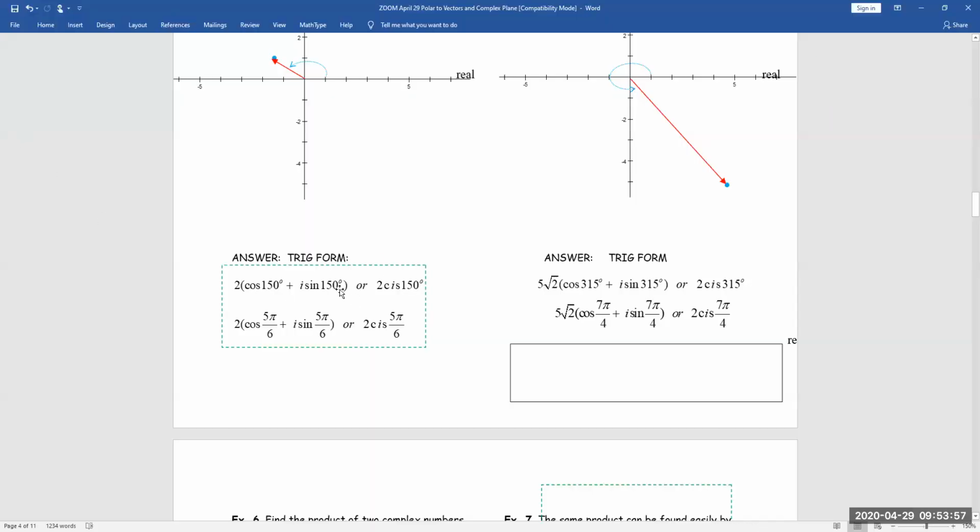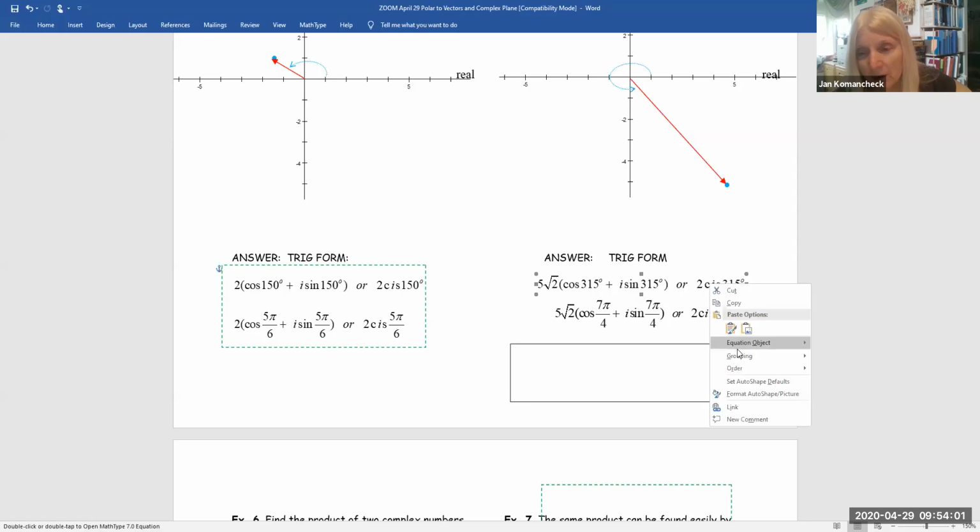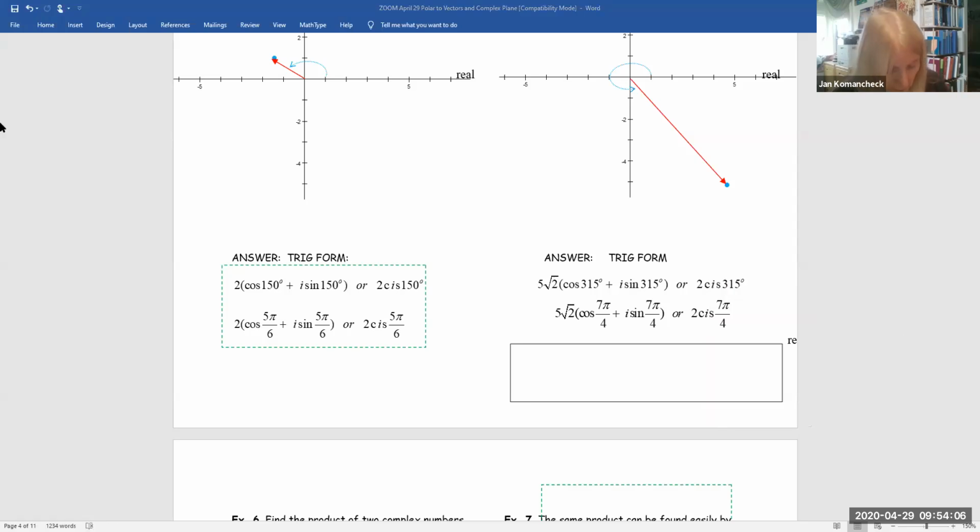Sometimes what I do is I'm typing this up, I'll just copy it over here. But I really should make this 5. Let me go ahead off the screen and change this to 5. And I have to do that on the next step too. I just saw that. 5 square root of 2, right? Where's the square root key? I can't do this in Word, so I have to go out of Word and into MathType and do that.